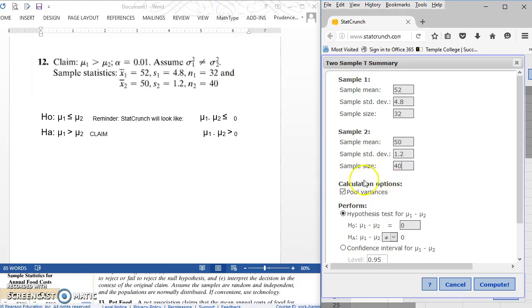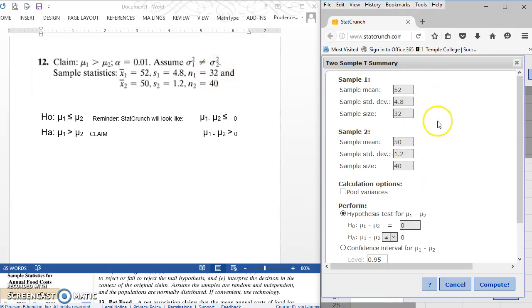Now, here's the difference, and this is important: because the variance for sample 1 is not equal to the variance for sample 2, I do not click the pool variances box. So StatCrunch knows that it will use the smaller sample size of 32 and subtract 1 to get 31 degrees of freedom.